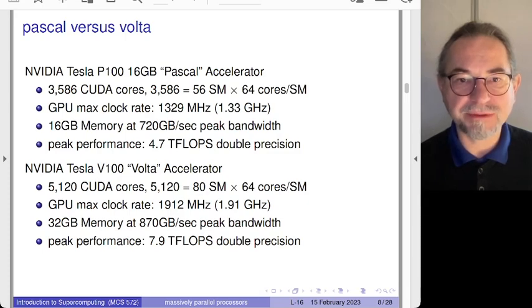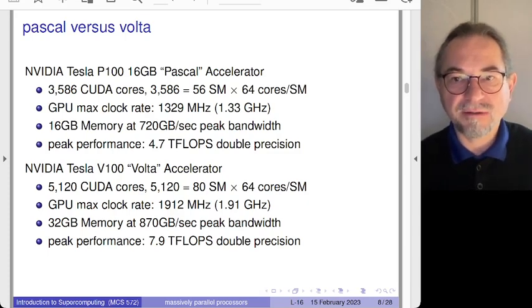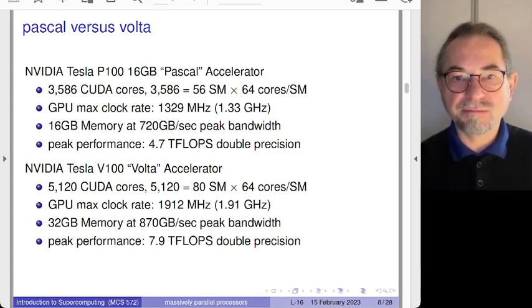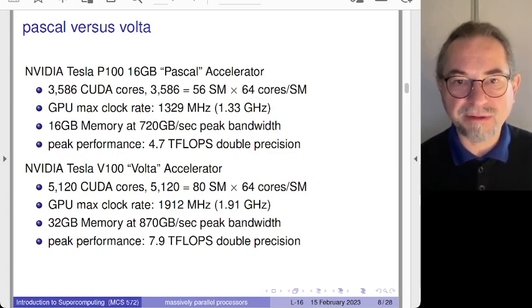The number for Pascal is 56, for Volta it is 80. Any streaming multiprocessor can independently execute instructions. But every streaming multiprocessor has multiple cores. So this is instruction level parallelism.